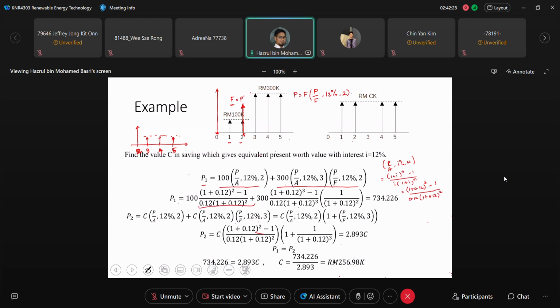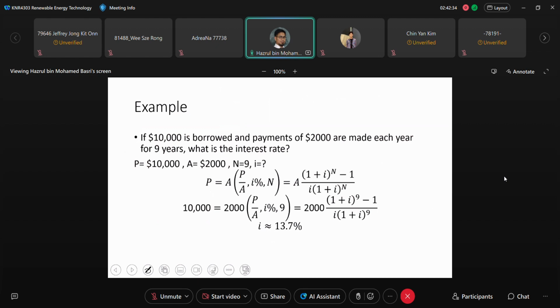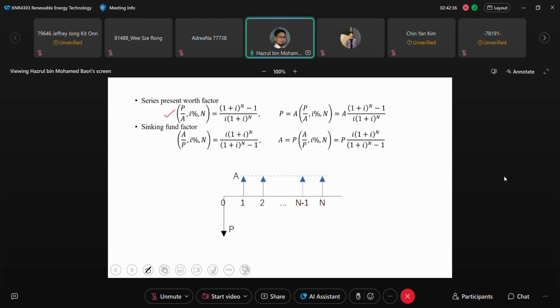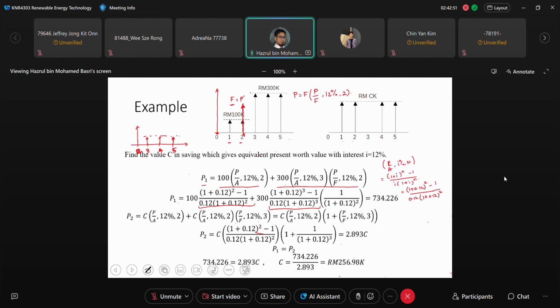Same goes for this one. We need to check P given A. So you can check what is P given A. P given A is this formula. So in this case, 1 plus 0.12 to the power of 2 minus 1. Hold on. Is it power of 2 or power of 3? Power of 3.